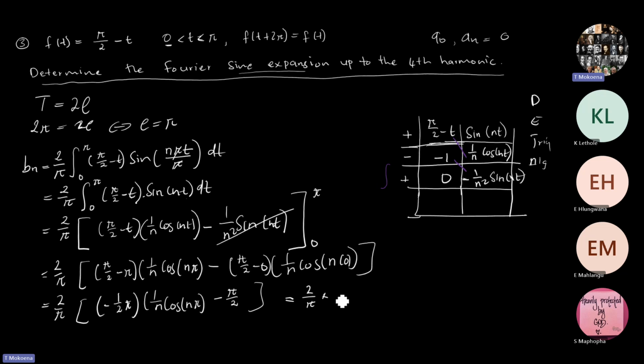When I take my half pi outside of the bracket, I'm left with negative 1 over n cos n pi minus 1, close the bracket. And therefore, these 2 will cancel that 2, this pi will cancel that pi, and I'm going to have negative 1 over n cos n pi minus 1.